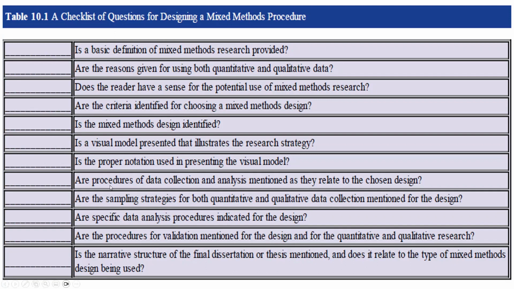Are sampling strategies mentioned? As I told, how will be your sampling strategy? If it is a convergent design, what type of sampling strategy do you have? Of course, in convergent design, for example, quantitative has its own sampling strategy we discussed already.